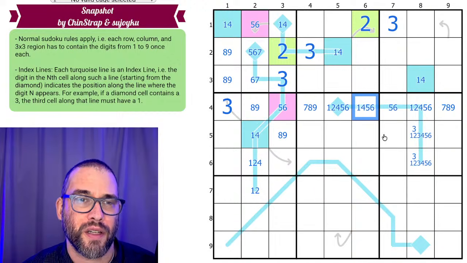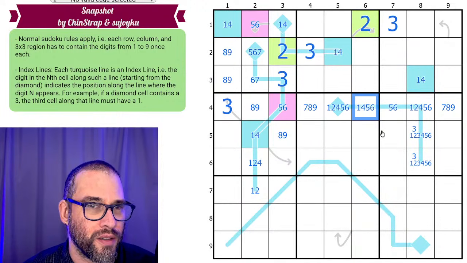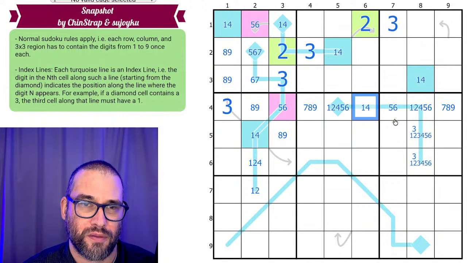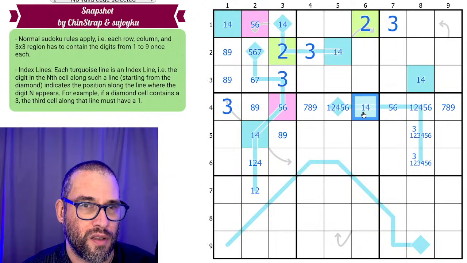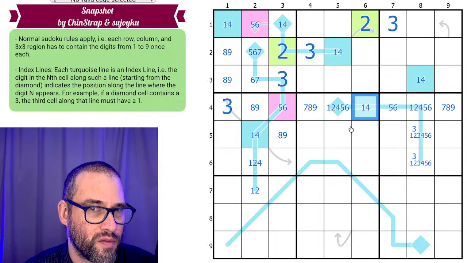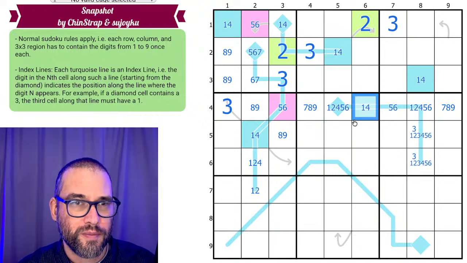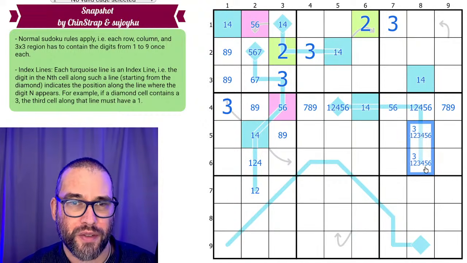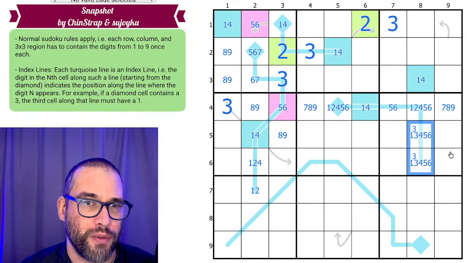Oh yeah, teal can only go here in row 4. Just randomly. Which means one of these is a 2, so these aren't 2.